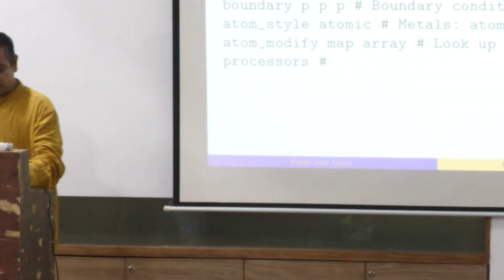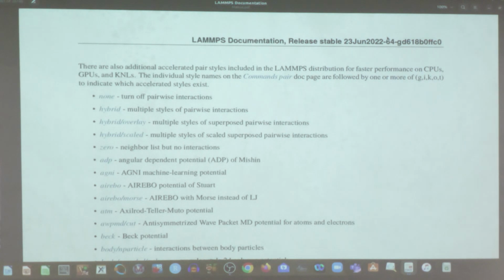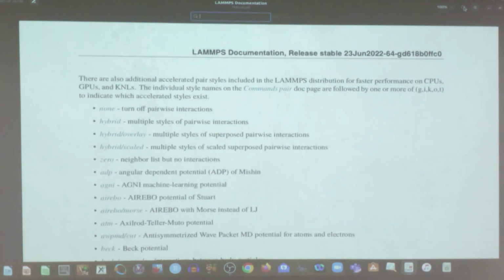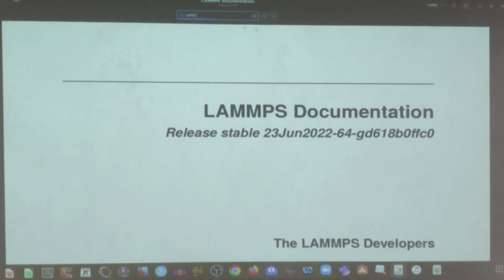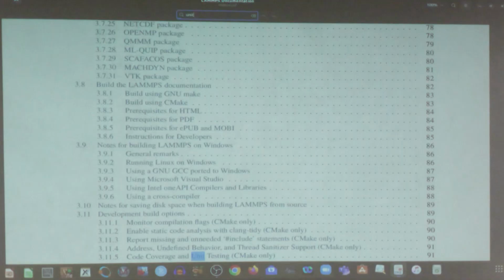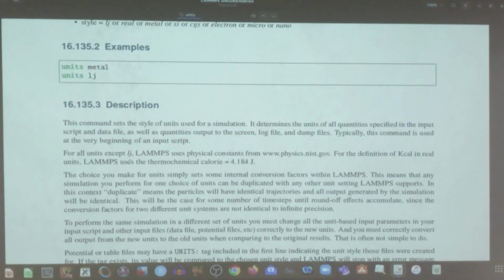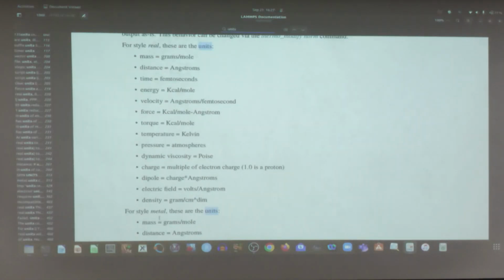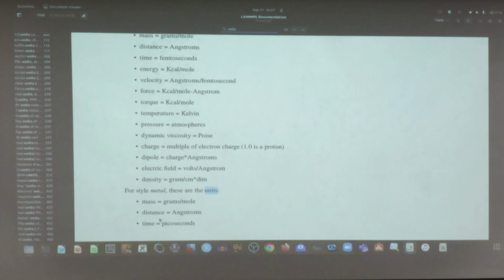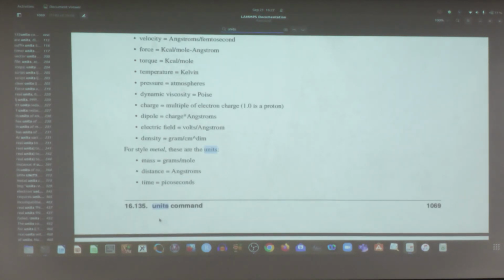If you go to the manual, I found that this PDF file is much slower than searching online, so the online version I prefer, which is much better. Here you can see, for metal, the mass is in grams per mole, distances are in angstroms, and time is in picoseconds.